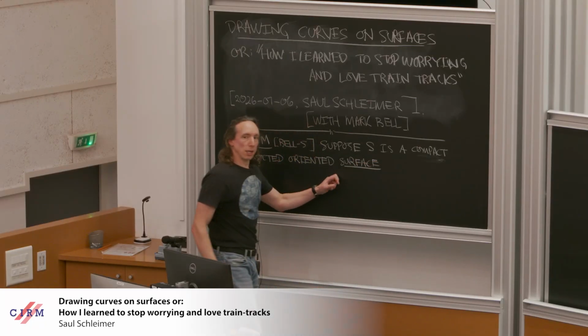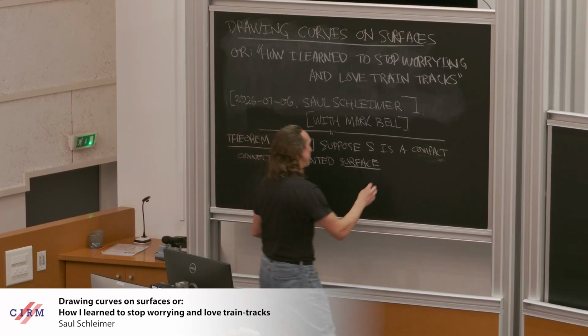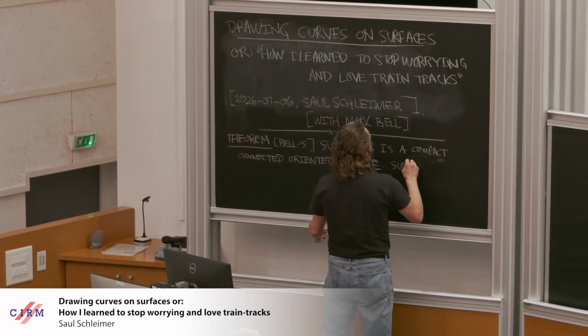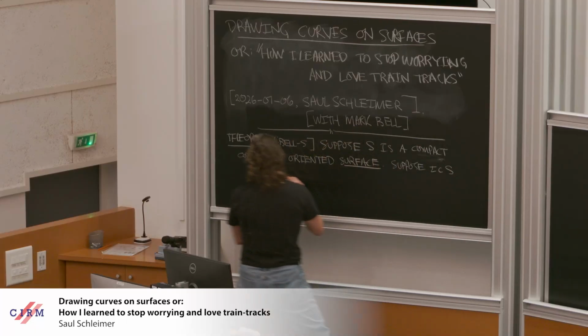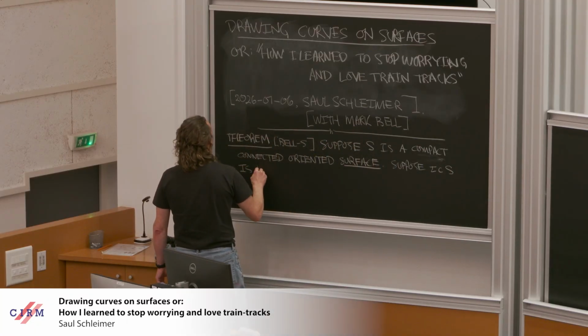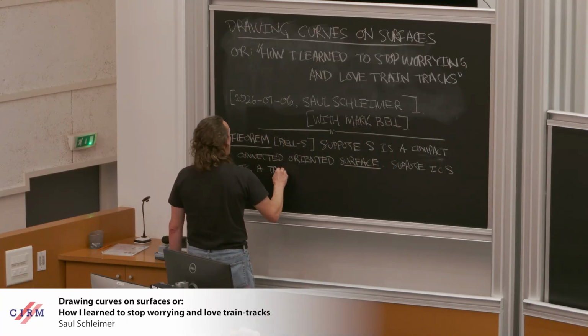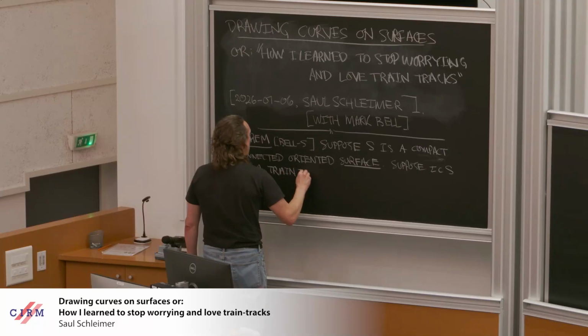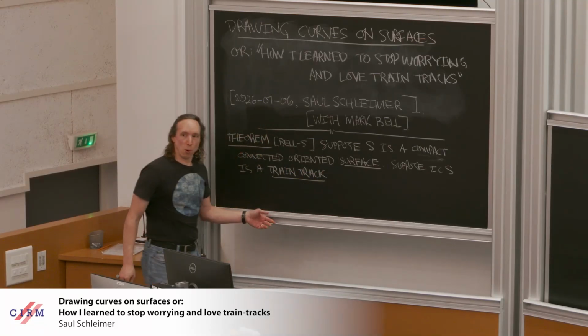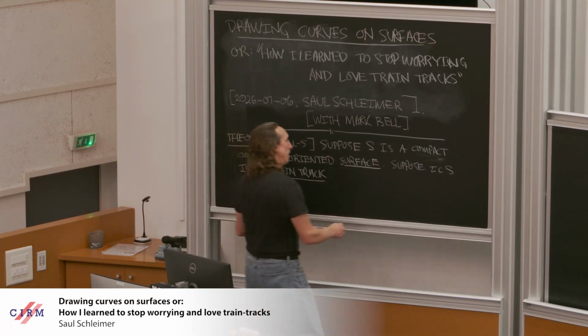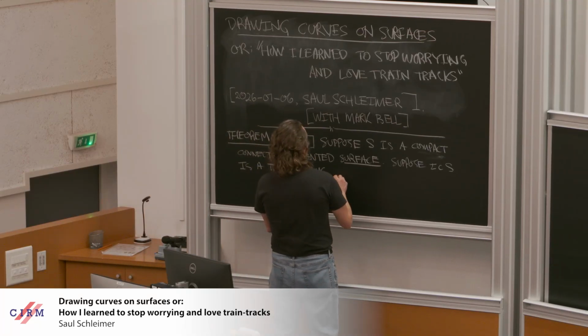Words that are underlined, I will explain what they mean. Suppose that tau contained in S is a train track. So these are the things that I hope that you will grow to love, or at least draw.